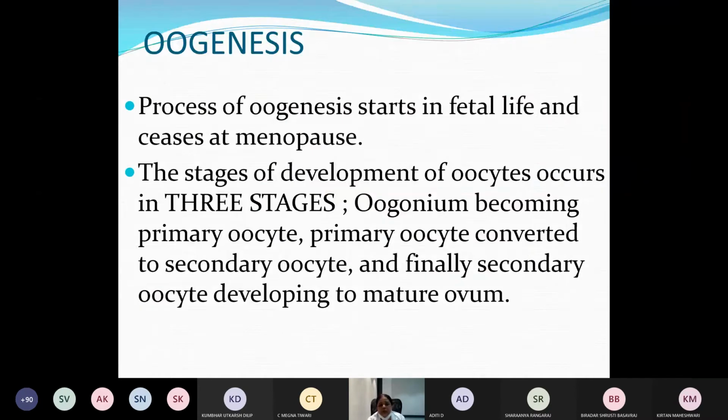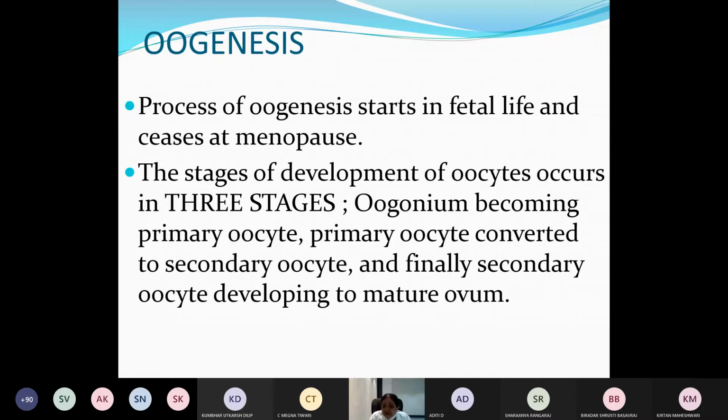What is oogenesis? It comes under the physiology of the ovary, ovulation only. The process of oogenesis starts in fetal life and ceases at menopause.